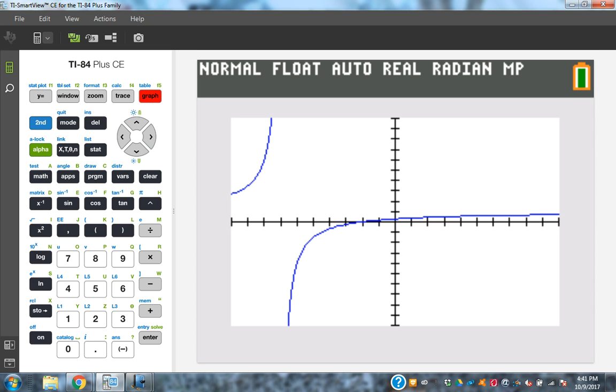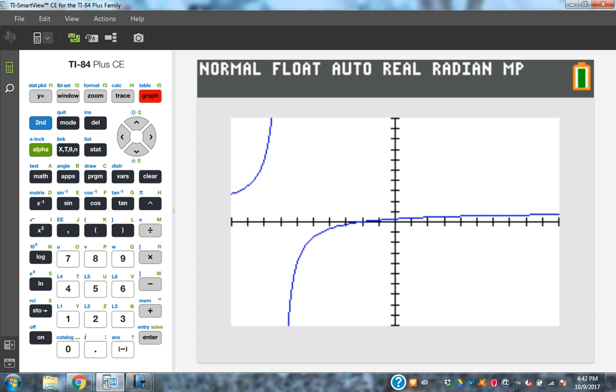Y equals 1. So it would be this line right here. Can we tell if that's going to cross it or not? If we zoomed out indefinitely, we would maybe be able to tell. But can we ever get to infinity? No. So really, by looking at the graph, there's not a way to tell if it's ever going to cross it. But algebraically, there is. With the actual math that's happening, there is.